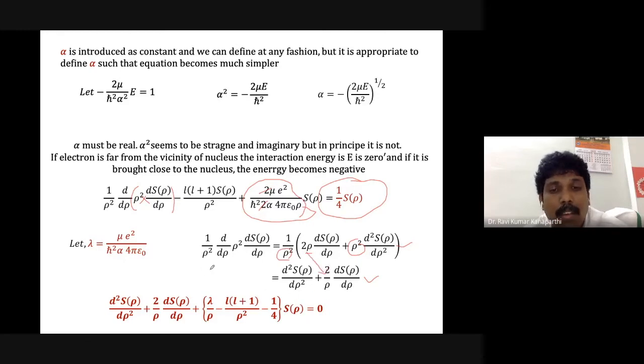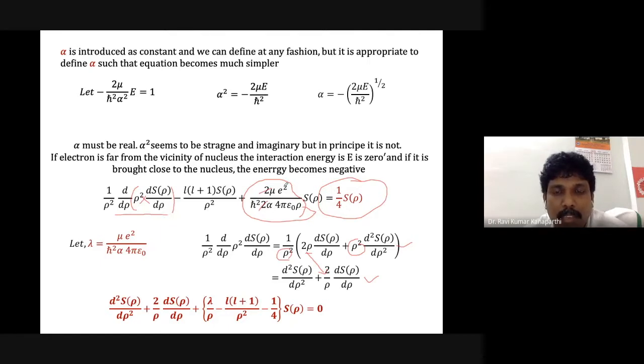Now all these things you can substitute. So what are those substitutions? Here it is nothing but d square S of rho upon d rho square plus 2 by rho multiplied by dS of rho by d rho. That is the first term, and the second term remained the same.